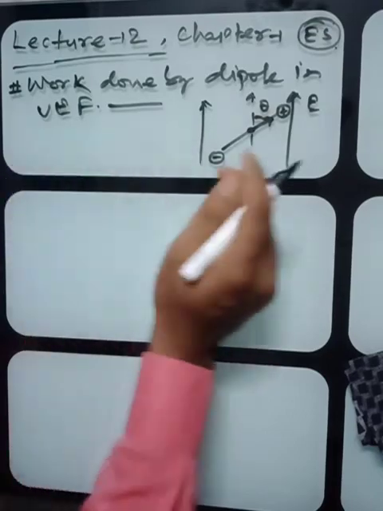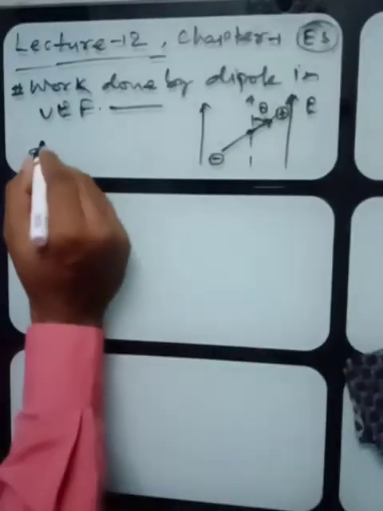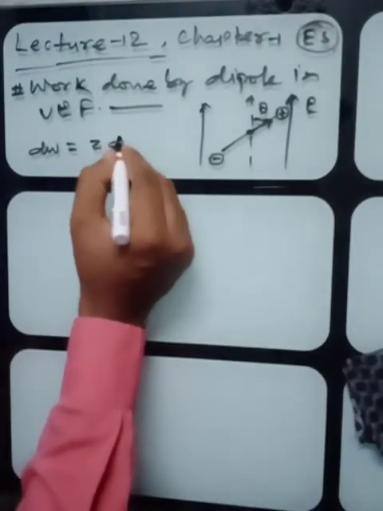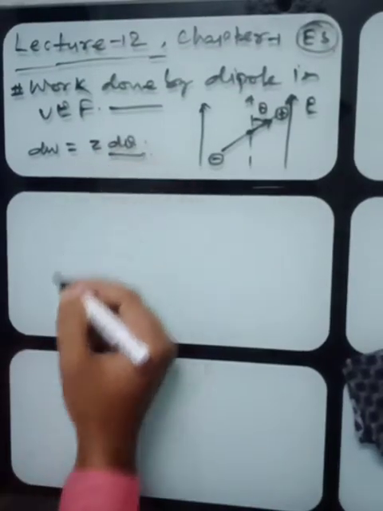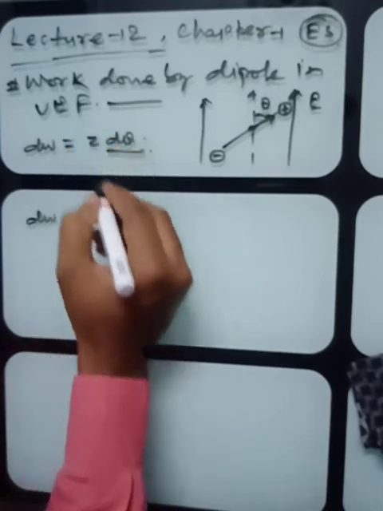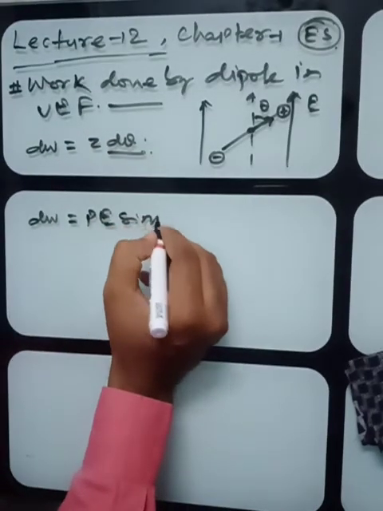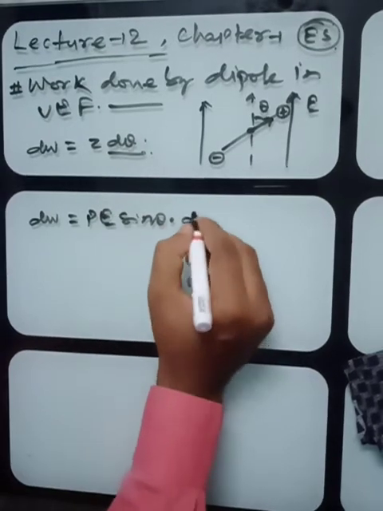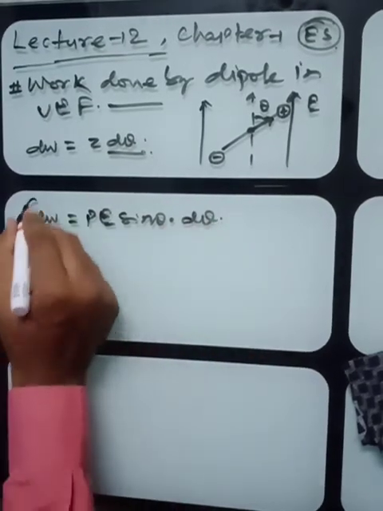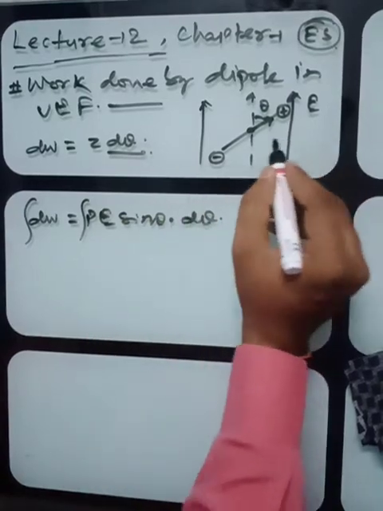We are rotating this dipole through a very small angle, so the very small work done can be written as tau d theta. In rotation you have studied tau d theta. So dW is tau, which we have just studied as pE sin theta, times d theta. To get the total work, we have to rotate this dipole.